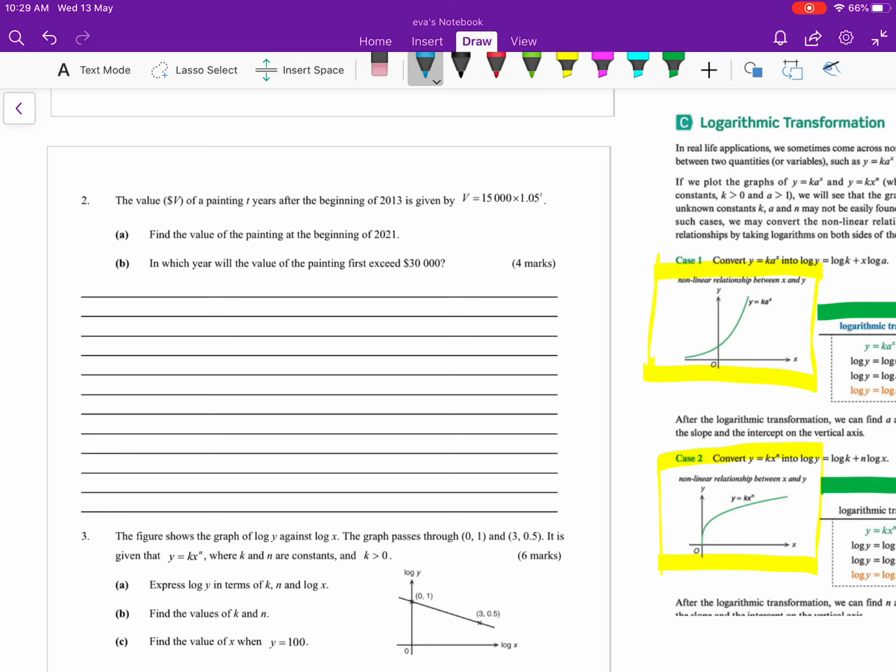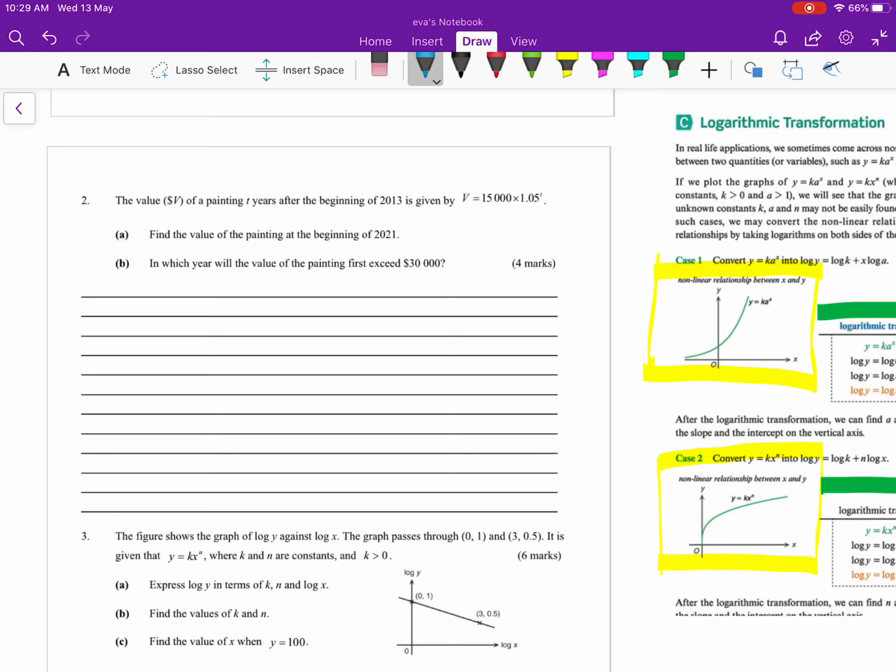Okay, question 2. So let's look at this one. The value of a painting T years after the beginning of 2013 is given by V equals 15,000 times 1.05 to the power of T. So it's related to the yearly value of the painting. So what are we going to do?